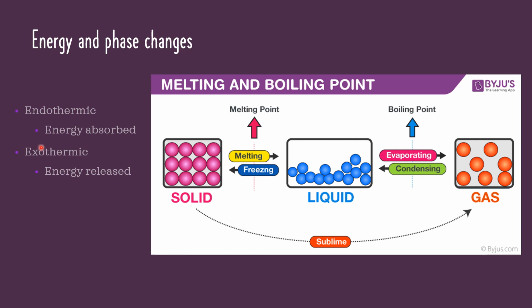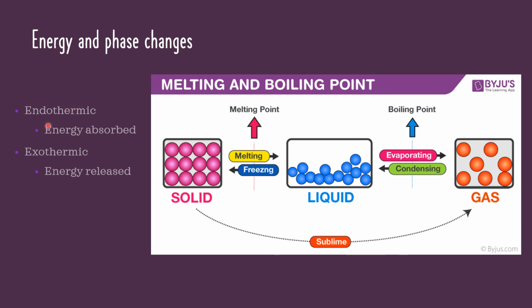An endothermic reaction or an endothermic system is one where energy is absorbed. You need to put energy into the system in order for it to happen. An exothermic reaction or system is one where energy is released. Have you ever heard the terms endothermic and exothermic?